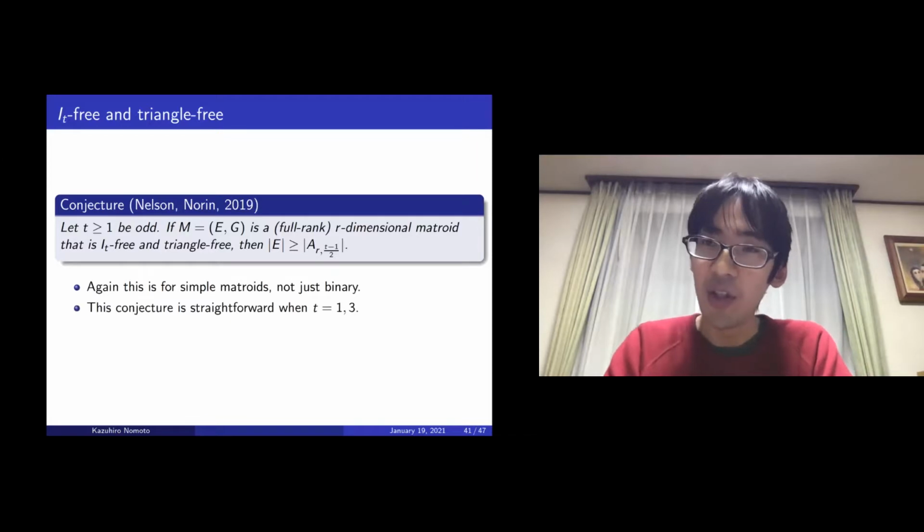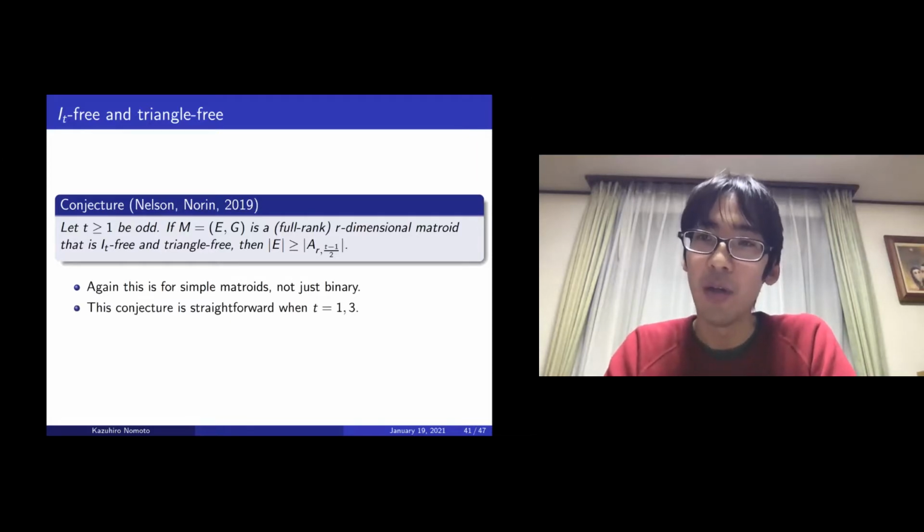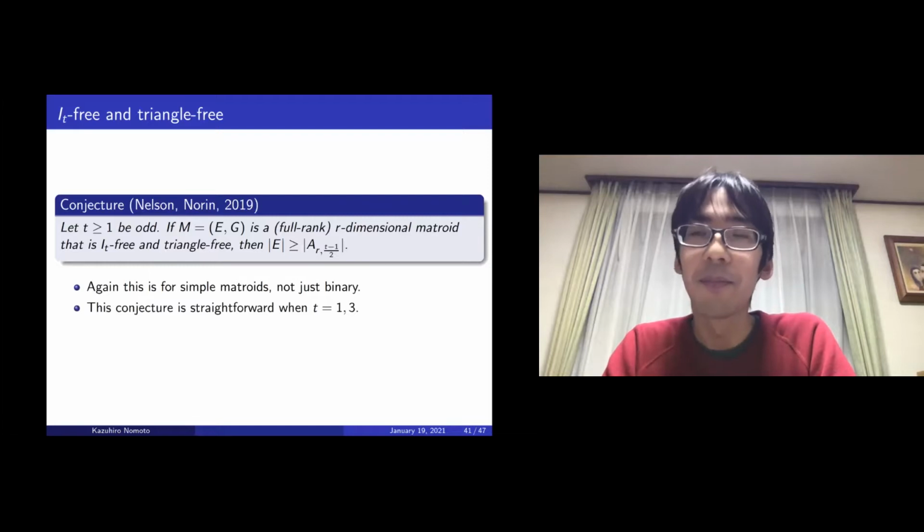And this conjecture is straightforward when T is 1 and T is 3. When T is 1, again, it's highly trivial. You can't have anything in your ground set, so your matroid is empty. When T is 3, that's the little theorem we proved at the beginning of this talk. If you're claw-free and triangle-free, then you're an affine geometry.